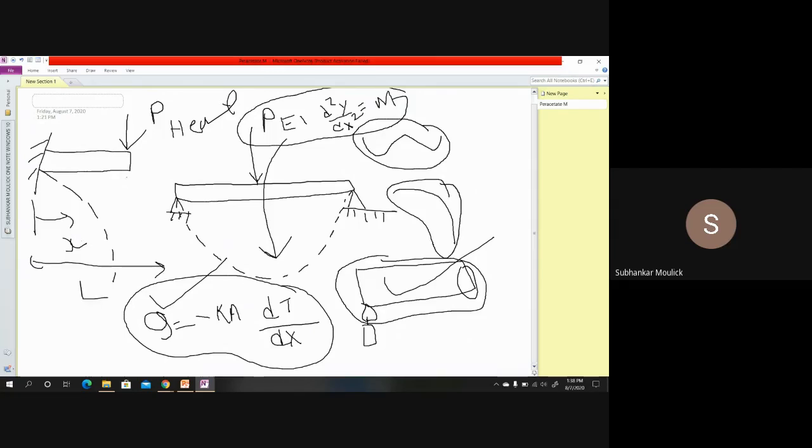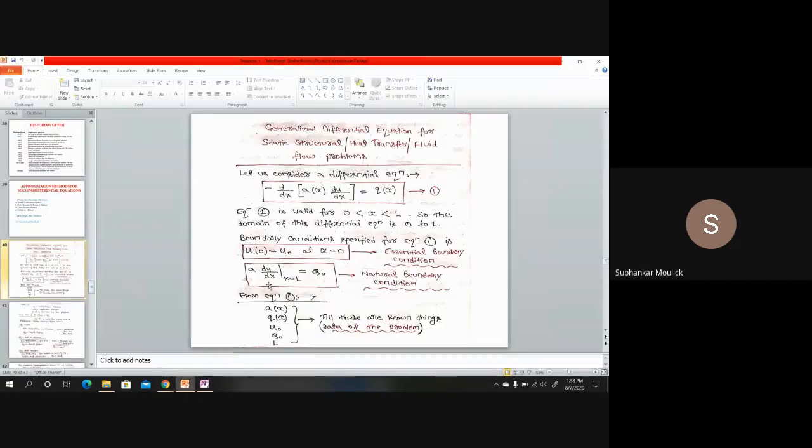When x is equal to L, the slope of the curve, that is du by dx at x equal to L, is nothing but Q naught. This is my natural boundary condition. Is it clear what is essential boundary condition and natural boundary condition?